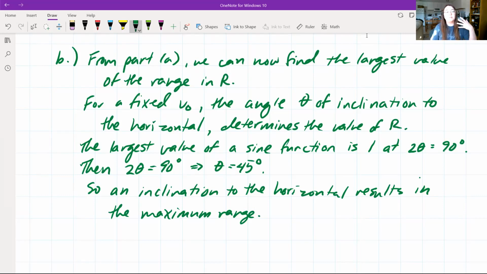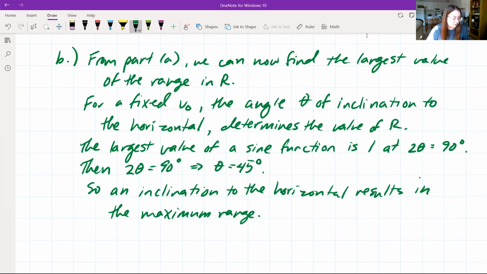So for part B, all we really did was recognize that the only thing that really affects this equation is sine of 2 theta. We identified that the largest value of the sine function is 1, and it's when the angle is equal to 90, but in our case we have 2 theta, so that means that 2 theta would have to be equal to 90, which means that theta equaling 45 degrees gives us a maximum range.